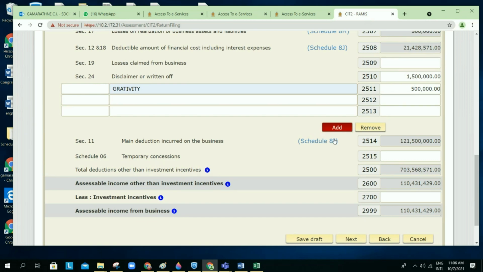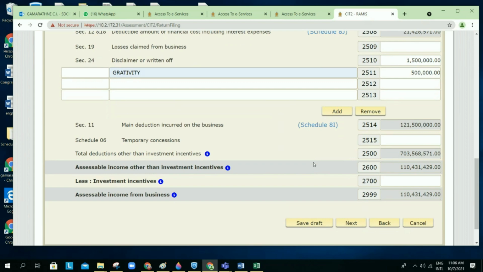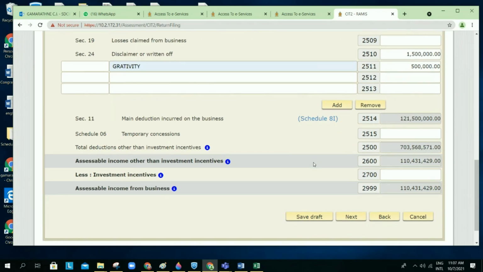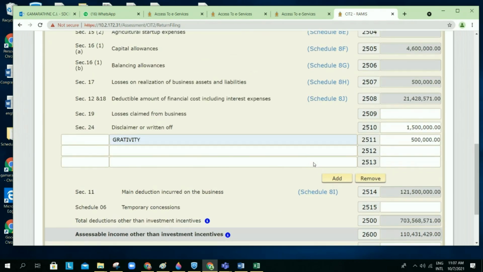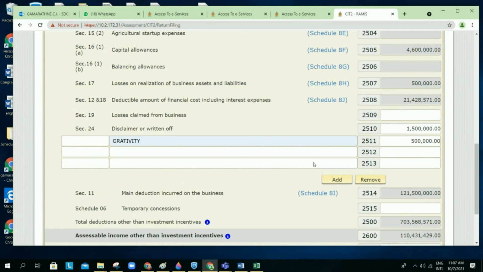Based on the type of the entity, you can add any other specific expense available. Firstly, you need to use the specific tables provided based on the type of the expenses. If it is not possible, then you can add a new row and enter the value.